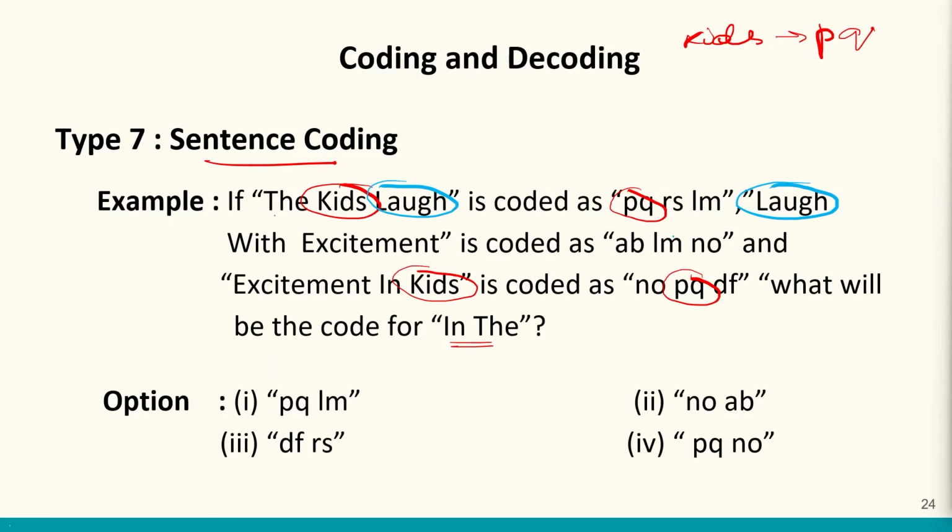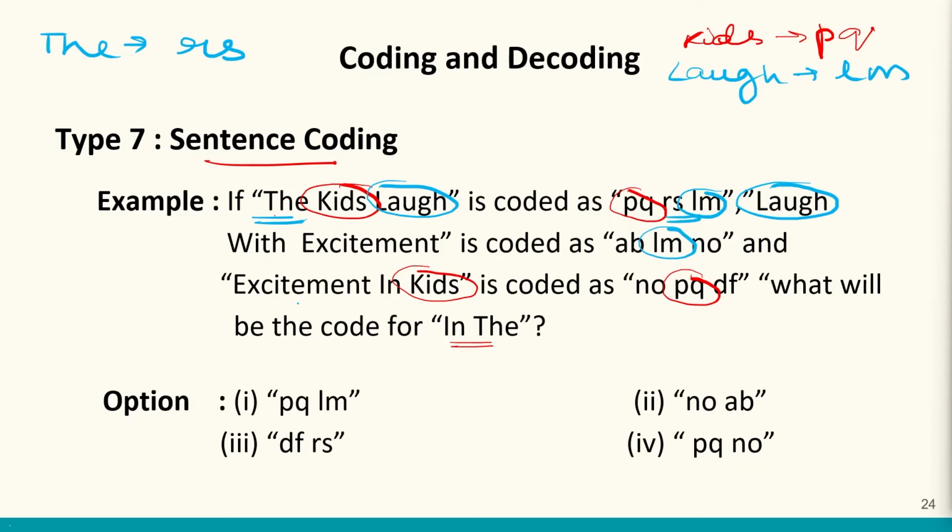The only letters common are LM. So laugh can be coded as LM. Now if PQ is coded as kids and LM is coded as laugh, simply we can say the will be coded as RS. So we have found the code for the, which is RS.